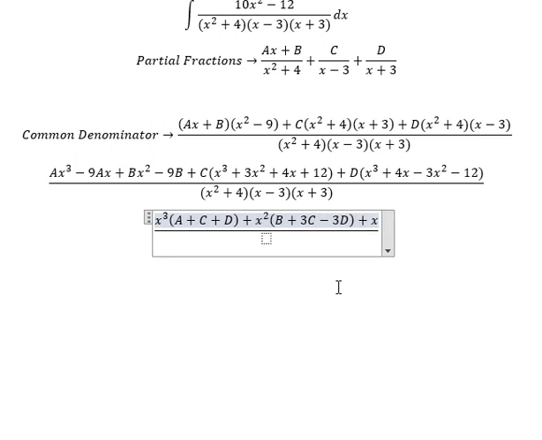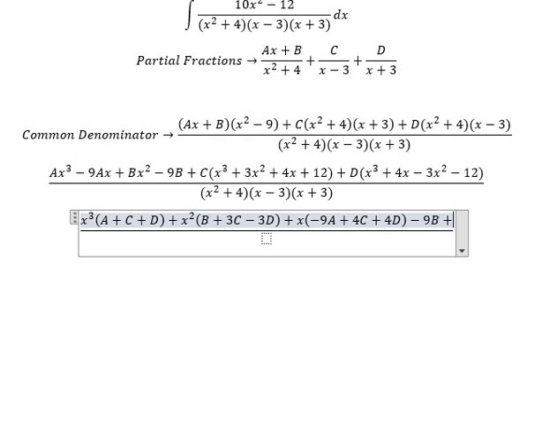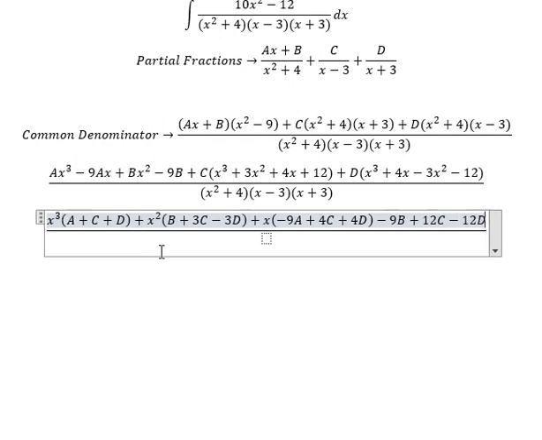About x, we have negative 9, 8 for c and for d. About the numbers, we have negative 9b, 12c, negative 12d.